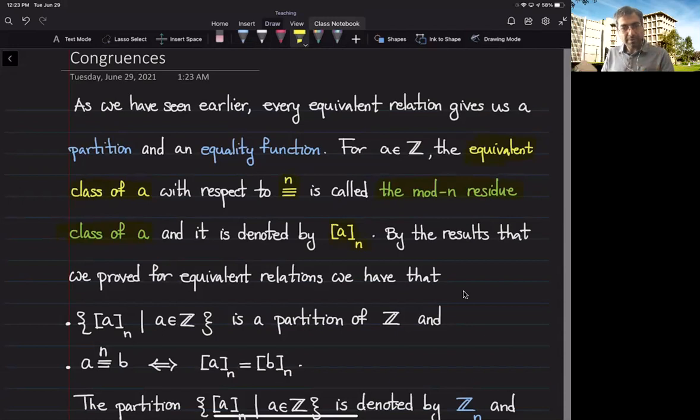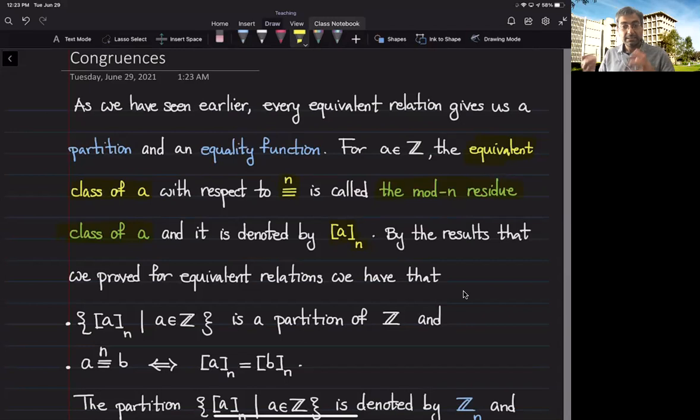So the bracket A sub N denotes the mod N residue class of the integer A. Let's emphasize that this is indeed a subset of the set of integers.